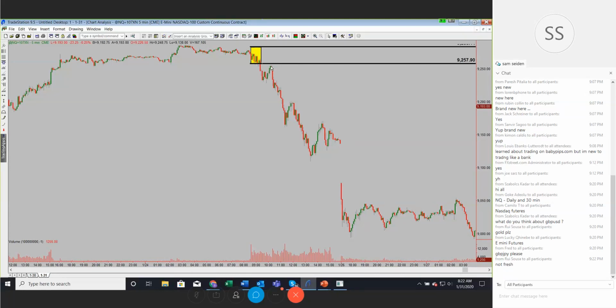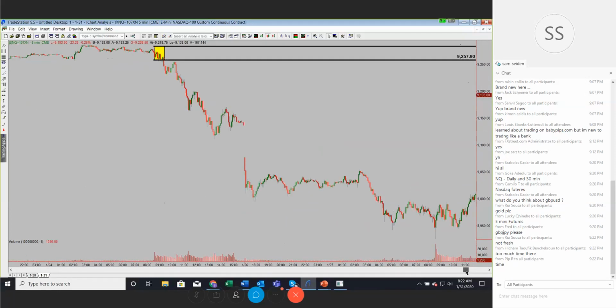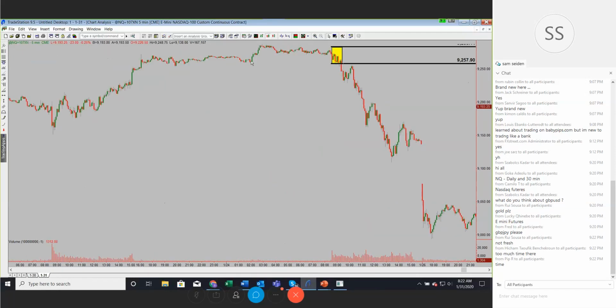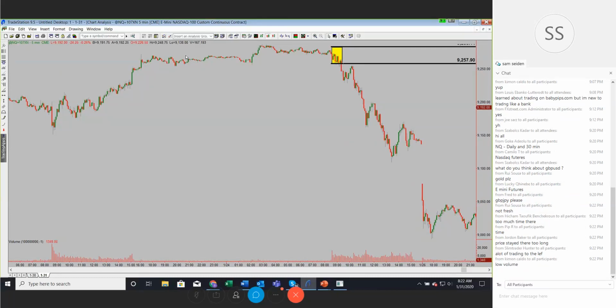It's fresh. Price almost came back here, but it didn't. Oh, maybe is it fresh? I thought it was fresh. Yeah, it is. The reason is, look at all this trading to the left. You see that? Yeah, price stayed there too long. So the fact that price stayed here, was in this area so long, suggests that there's probably not a big supply-demand imbalance at that area, okay?